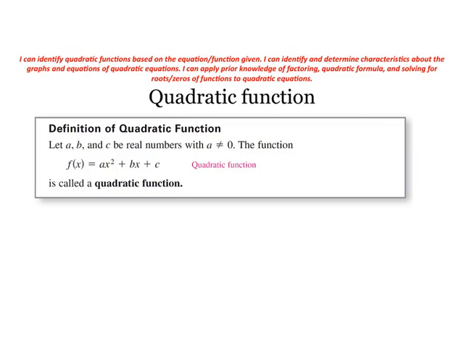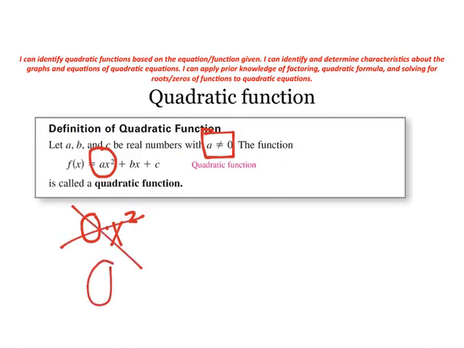You'll notice that this says a does not equal 0. Okay, don't ever complicate that. Look at this term. If a equaled 0, what would happen to the x squared? 0 times anything is just 0. So if a was equal to 0, then your x squared term would be gone because it would be multiplied by 0, which is just 0.